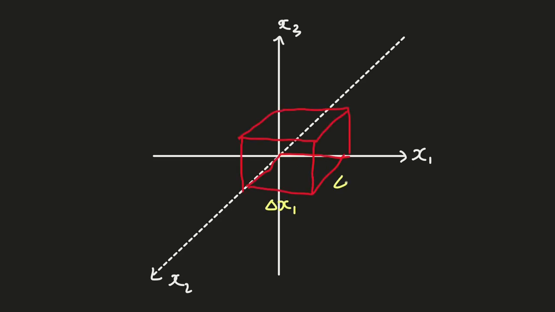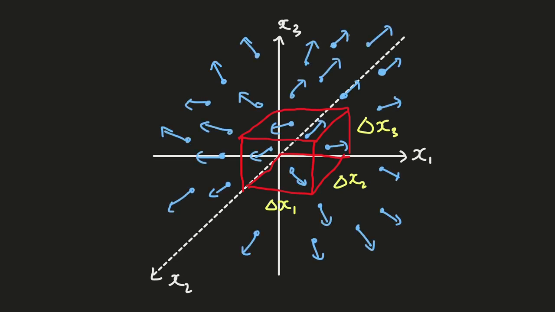Imagine we have this coordinate system with x1, x2, and x3, and inside it we have a cuboid whose edge lengths are delta x1, delta x2, and delta x3. Next we have a vector field A, which has a different value and direction at each point, just like a usual field in physics.